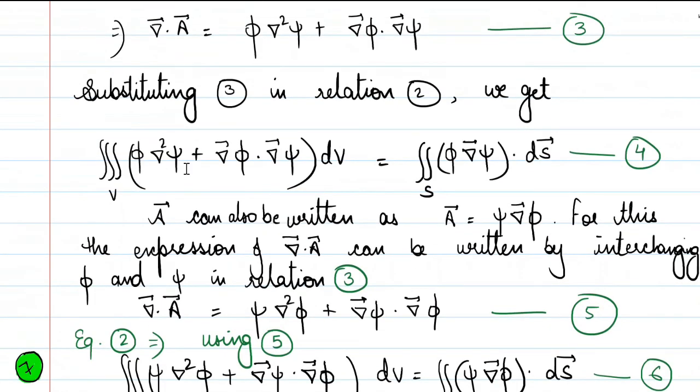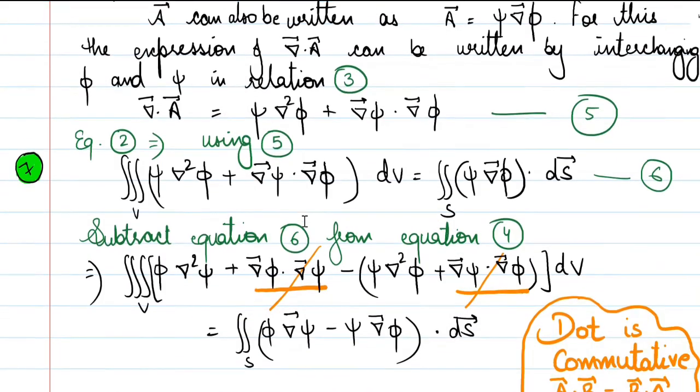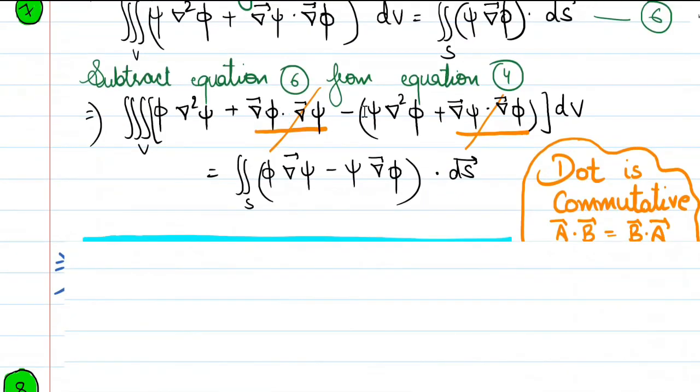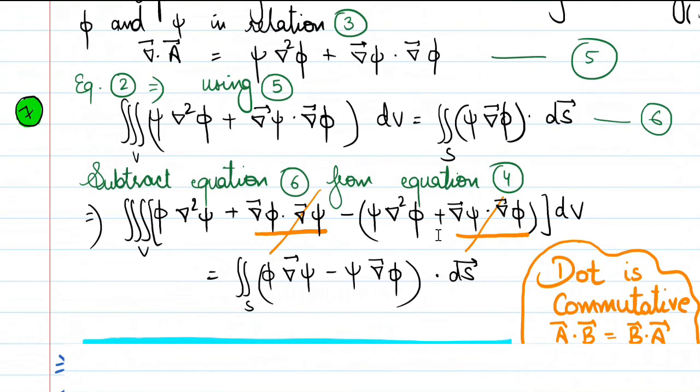It's phi del square psi plus del phi dot del psi that we have written, and then a minus sign, and then we would write the left hand side of equation 6, which is psi del square phi plus del psi dot del phi. Okay, and we have written them in brackets first. This is dV, and then we have to write the right hand side.